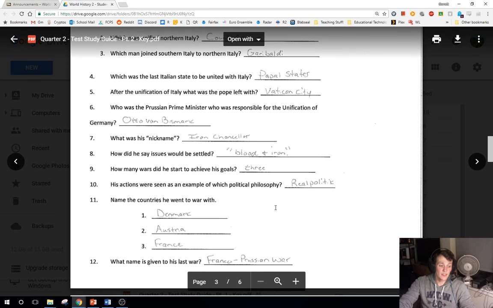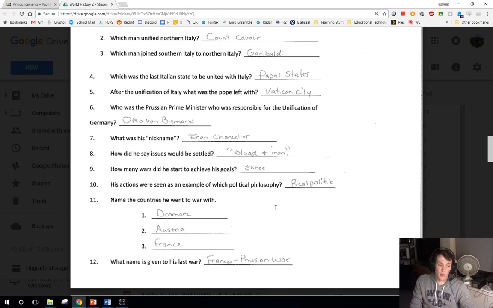So what he does is he goes to war. He goes to war with Denmark, he goes to war with Austria, and he goes ultimately to war with France, France being a large enemy of the German peoples for a long period of time, thinking back to the Reformation and some of the wars that were going on there.